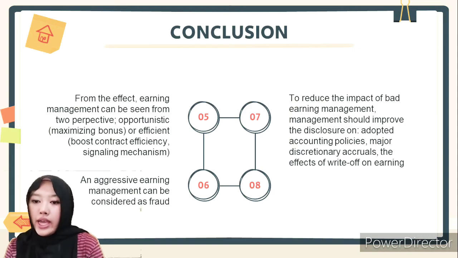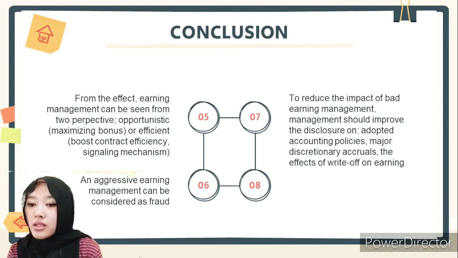And from the effect, we can see that earning management can be seen from two perspectives: the opportunistic one, to maximize the bonus, and the efficient one, to boost the contract efficiency or as a signaling mechanism.